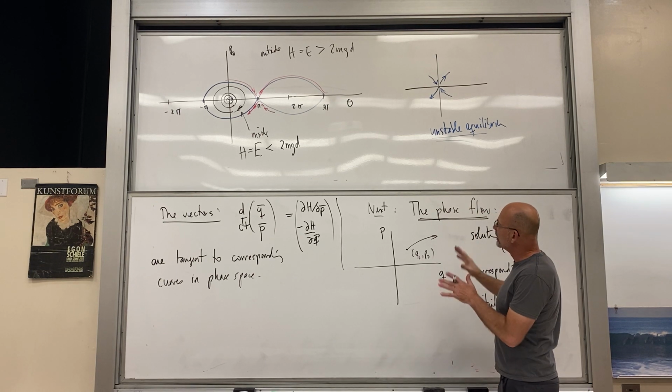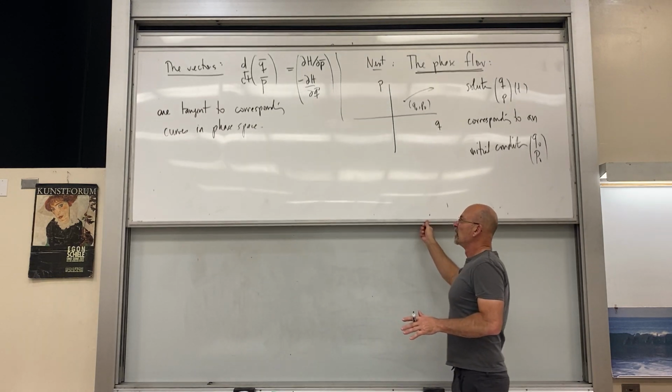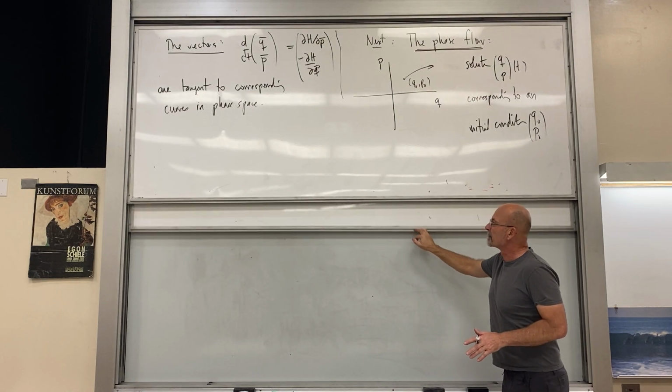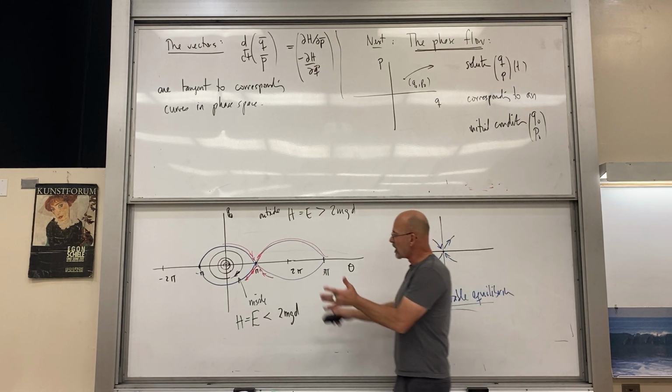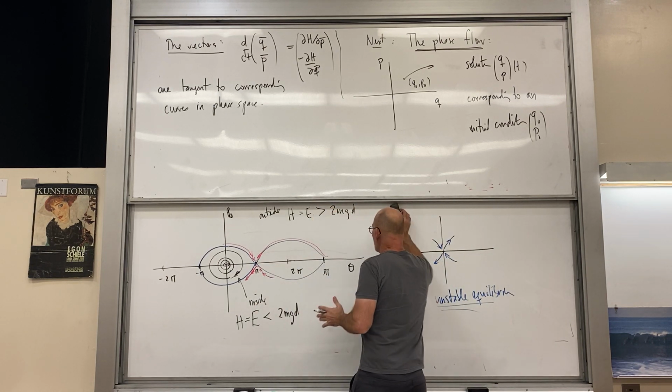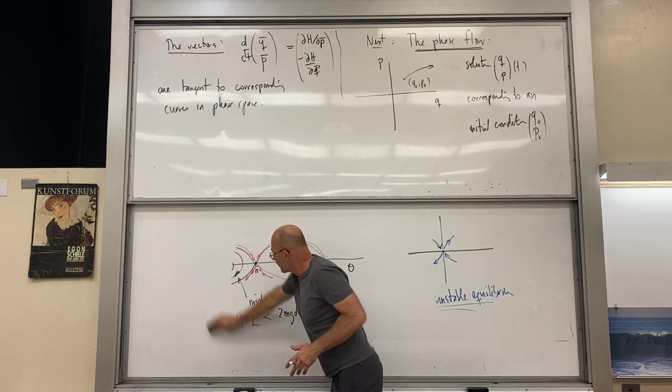And now I'm going to draw a larger harmonic oscillator once again. I'm just going to draw a larger version of this and discuss an interesting aspect of this phase flow.